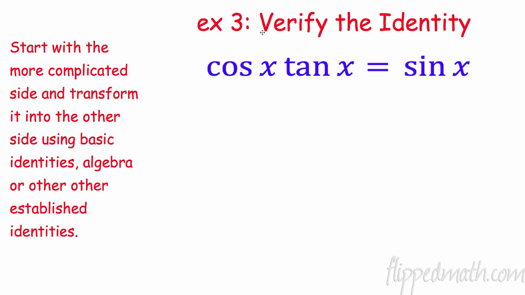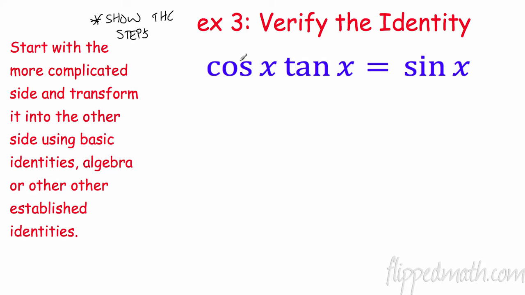So let's talk about verifying identities. Verifying identities is the nuts and bolts of what we're going to be doing for the next couple of sections. Essentially, this is going to be proving. A couple of things. First, you have to show the steps. There is no answer here.